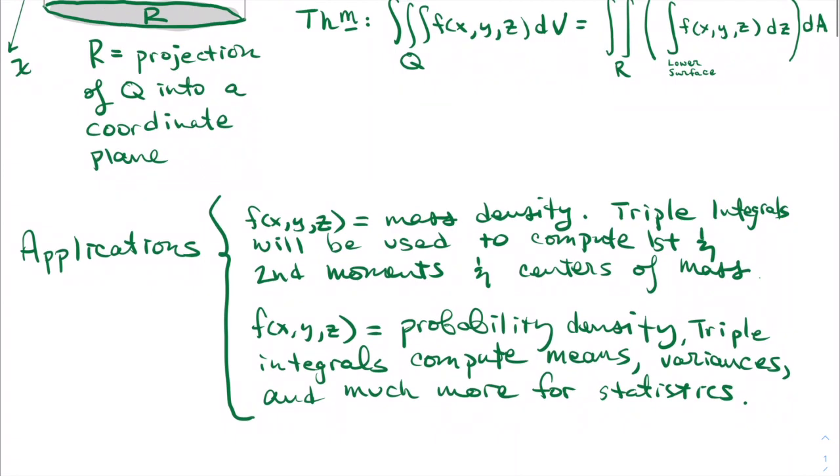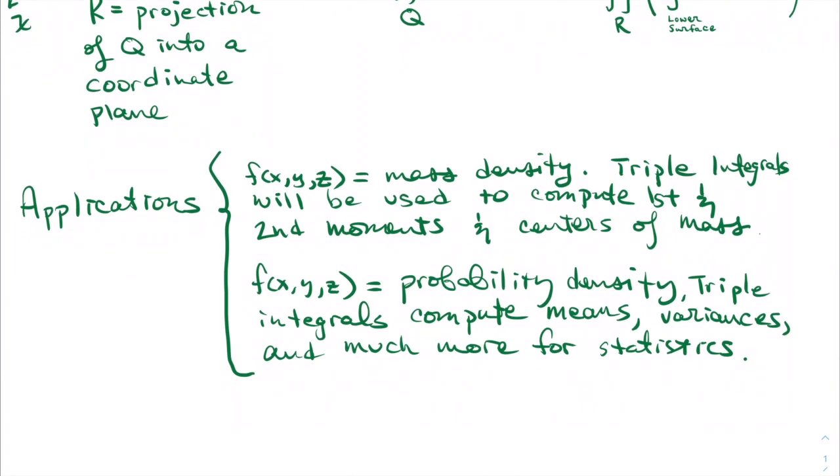Center of mass will be an x bar, y bar, z bar in physics, but that'll be thought of as the average, sort of a vector now in statistics. And as we've said before, the moments of inertia become variance in statistics.